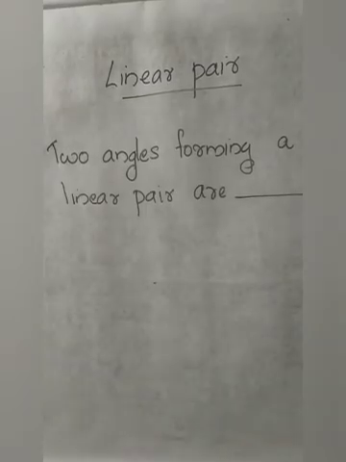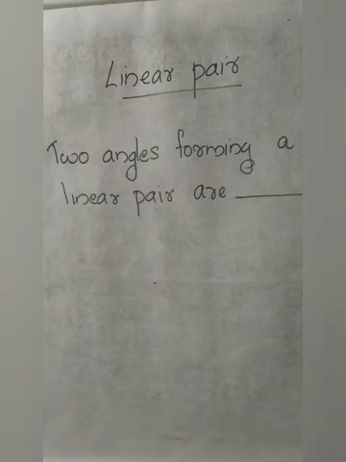So let me ask you, two angles forming a linear pair are. What will be here? Two angles forming a linear pair are. When can we say two angles are a linear pair? If the sum of two angles is how much? Yes, 180 degrees. That 180 degrees you have learned in another concept in the previous classes.